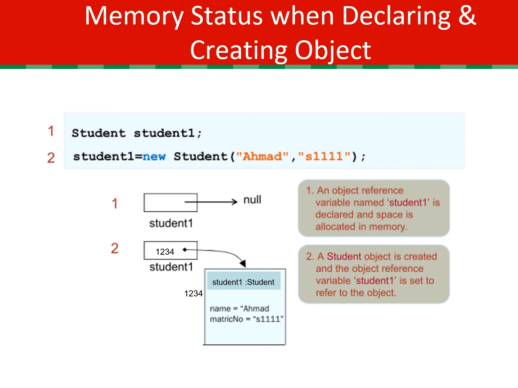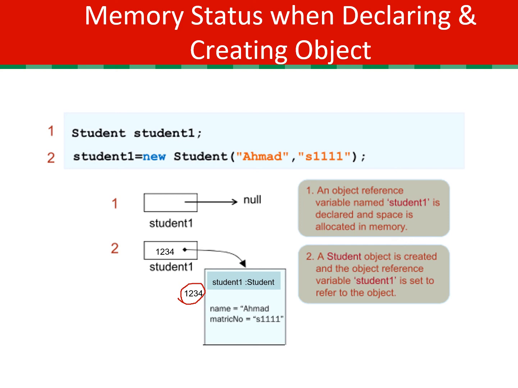So student 1 is actually here in this location, but in here it's only showing the location of the object. This information is just to tell you what is actually happening in the memory when you write the code.